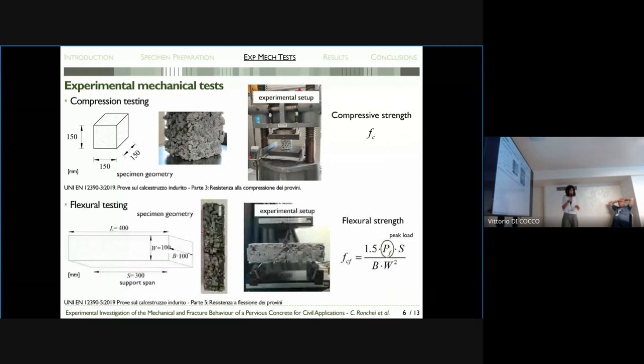The flexural strength fcf is determined by performing a 3-point bending test according to the present UNI standard. The 3 tested specimens are prisms with the nominal geometrical sizes reported in the figure, and each test is carried out to failure under load control by using the universal testing machine.